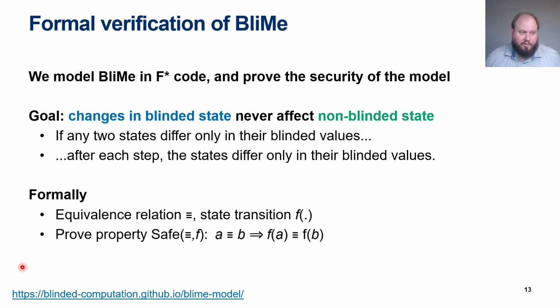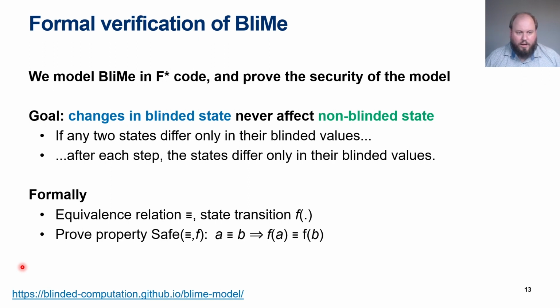So essentially, if any two states only differ in values that are blinded, then after we step the processor, the resulting states should only differ in the blinded values. So the unblinded values the attacker can see, and the blinded values they cannot, and so they can be different.